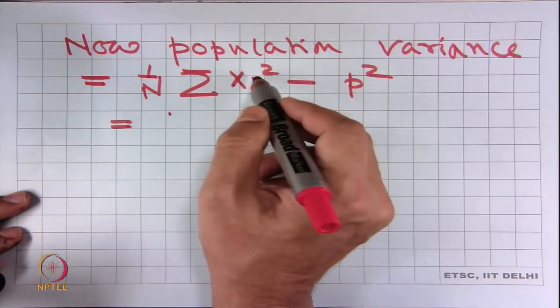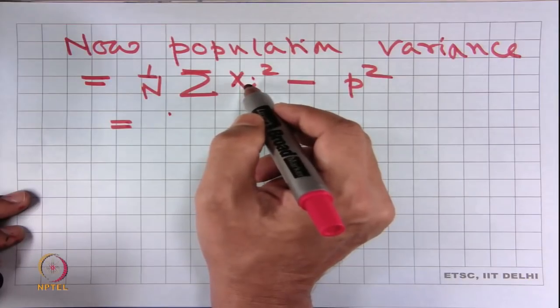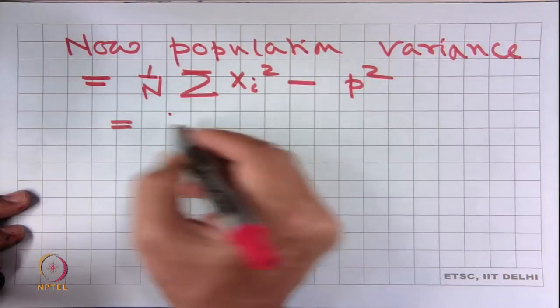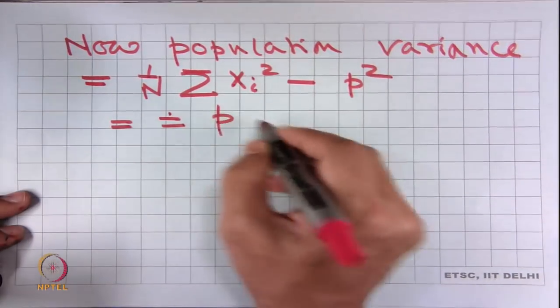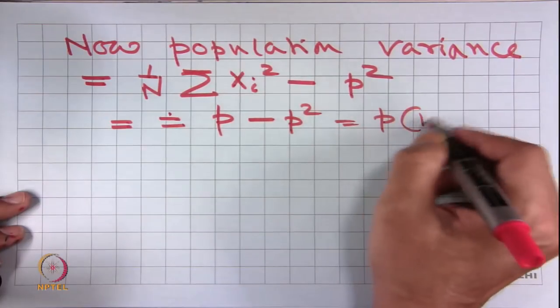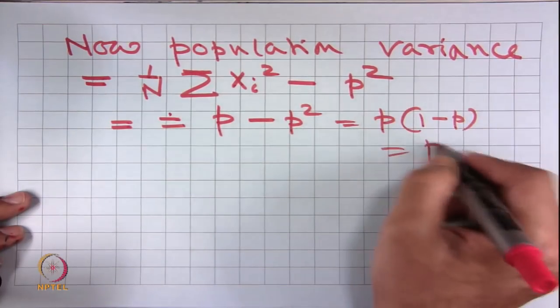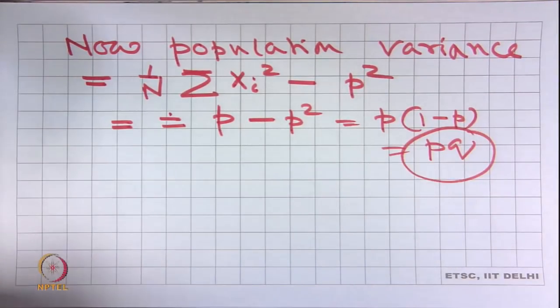Therefore, sigma x i square is the same as sigma x i, which is p, so this is p minus p square, equal to p into 1 minus p, equal to p q. Therefore, population variance is equal to p q.